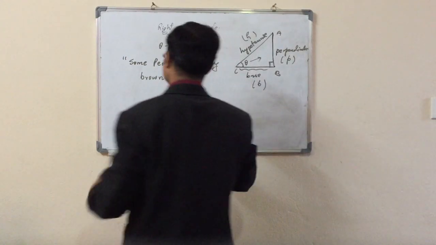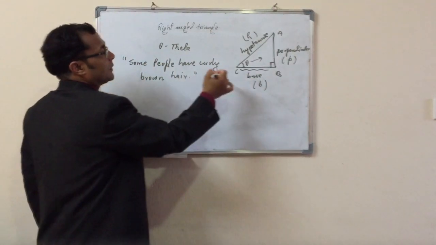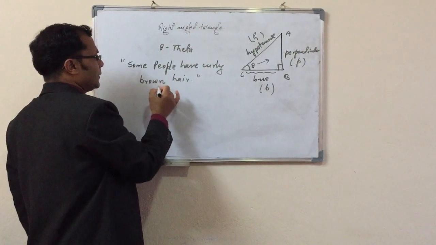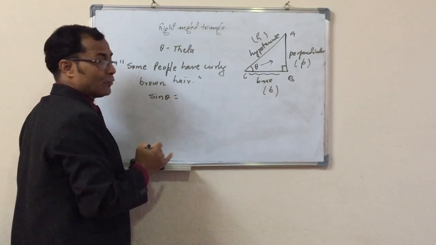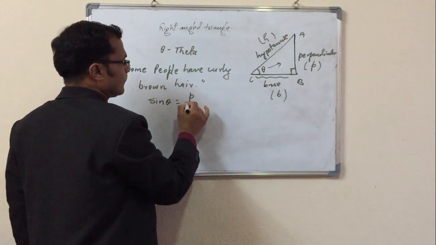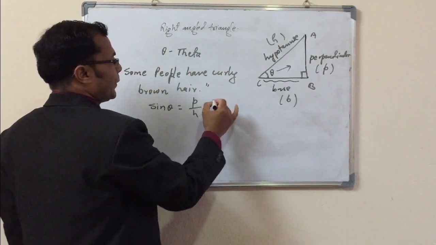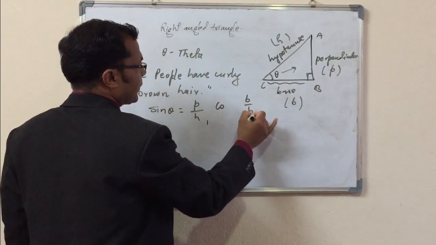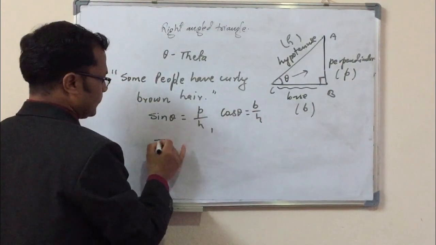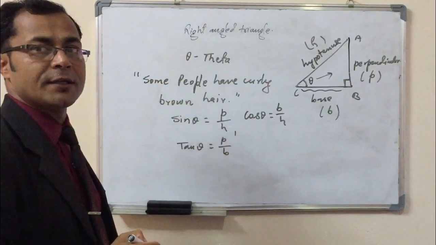What does it mean? Based upon P, B, H, there are some ratios, the first called sine theta. When you divide the perpendicular, the side opposite, by the hypotenuse, that is sine. Likewise, when you divide base by hypotenuse, that is cos theta, and perpendicular by base is tan theta.